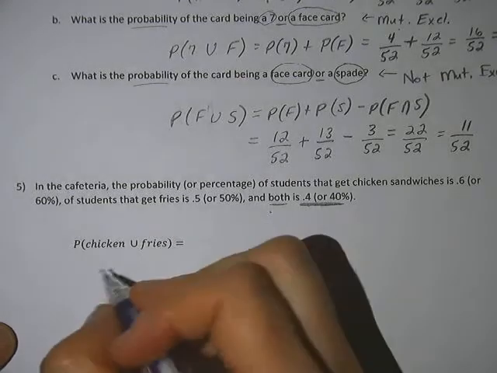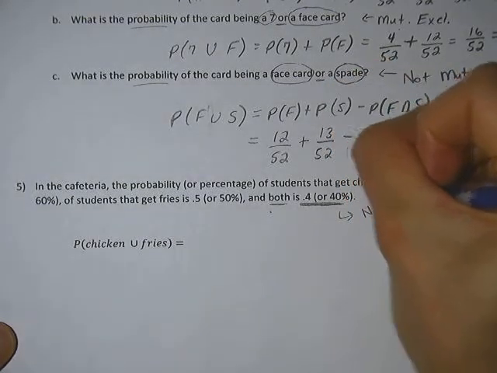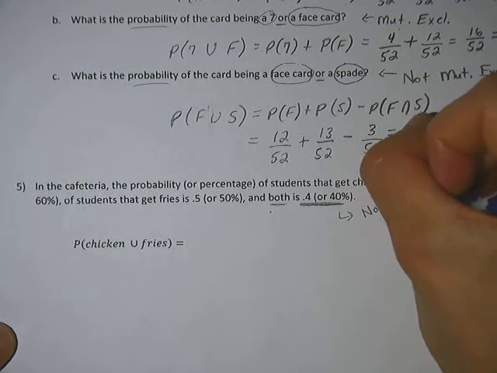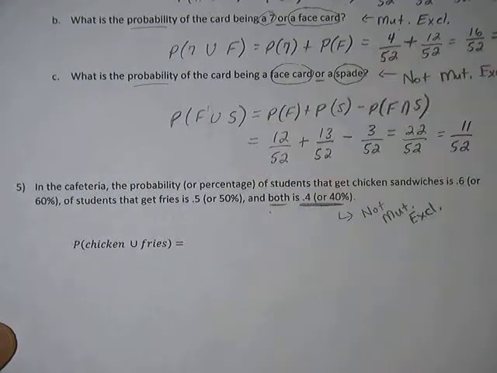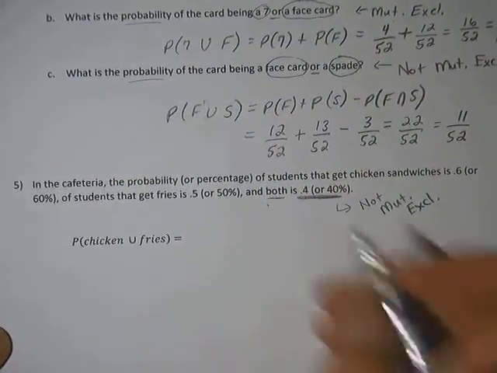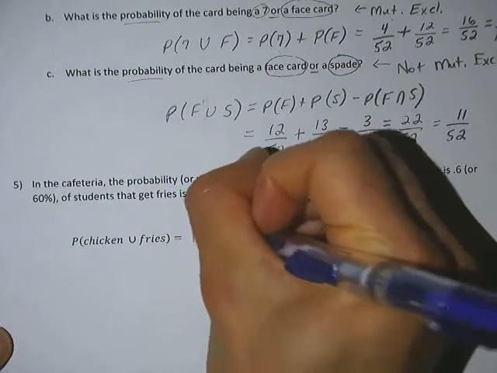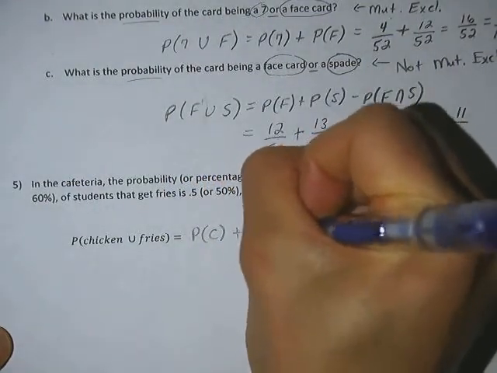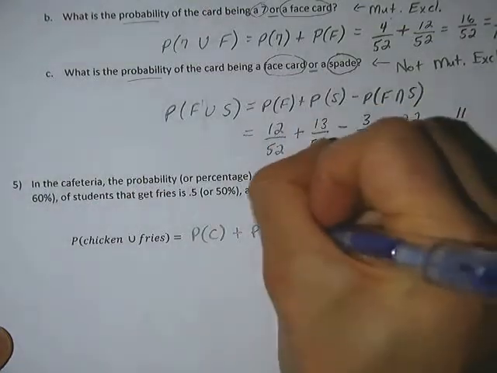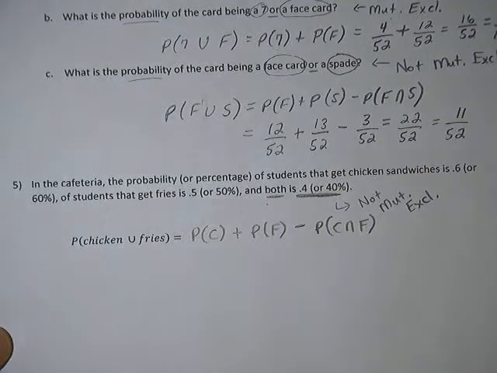And so that means that because of this, these two things have something in common. So that means that they're not mutually exclusive. And so when we do this problem, just like all the other not mutually exclusive ones, you have to add the probability of each. So I'll shorten it. Probability of getting a chicken sandwich plus the probability of getting fries, but then you have to subtract the probability that they would get both, okay?